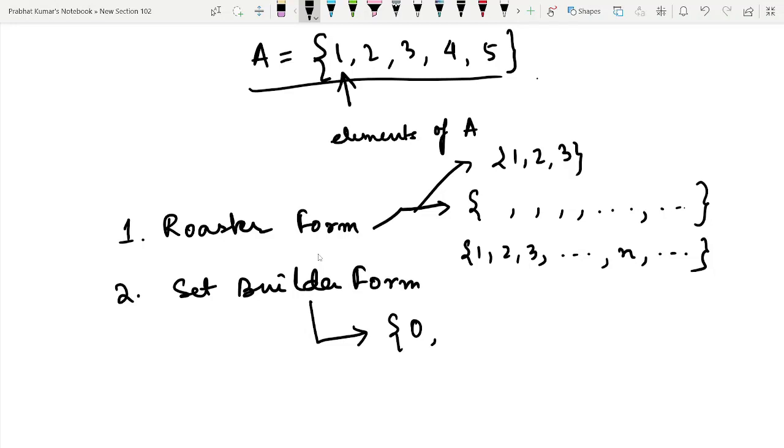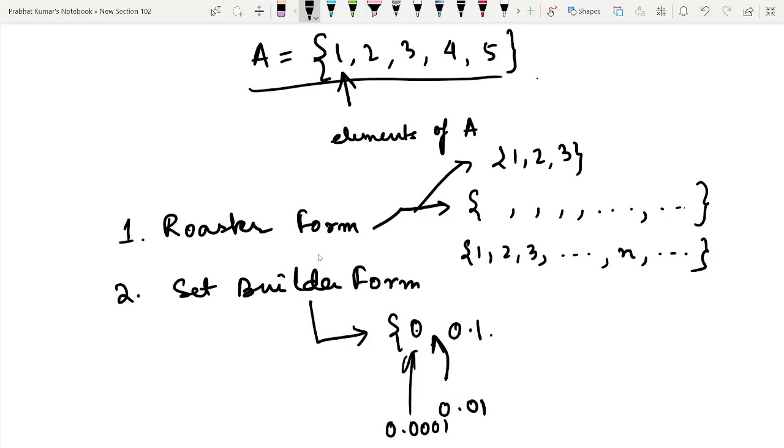Some may argue that the next element may be 0.1. But then another can argue that between 0 and 0.1 there is a number 0.01. So he may then take a smaller number, the next number may be 0.01, and in this way the argument will go on and on, right?